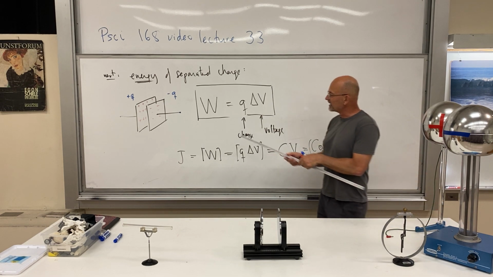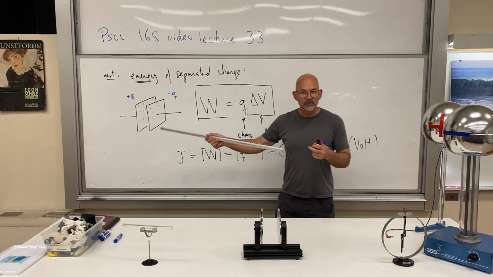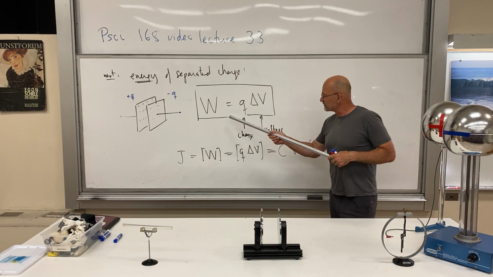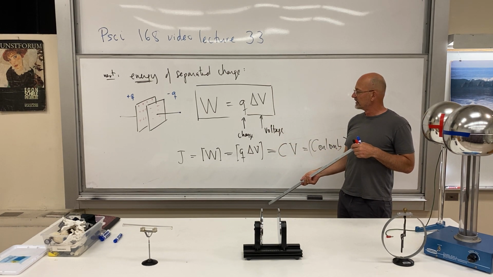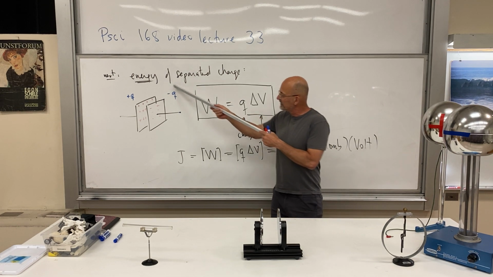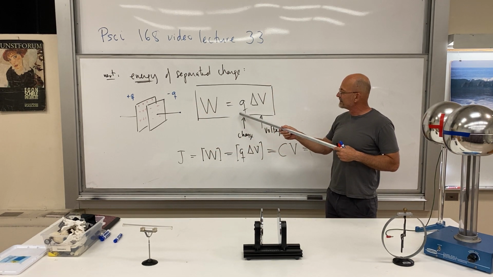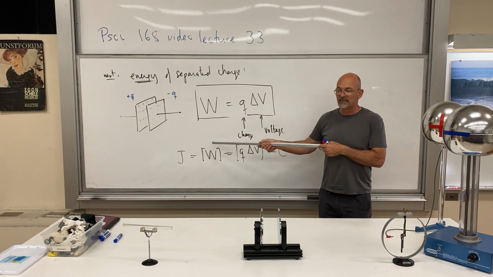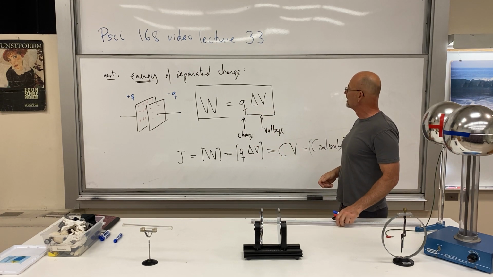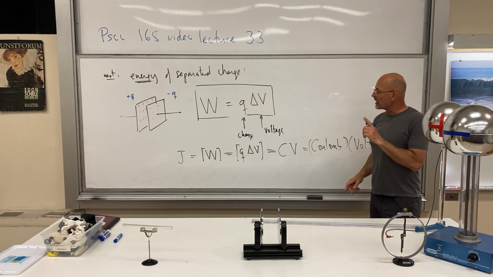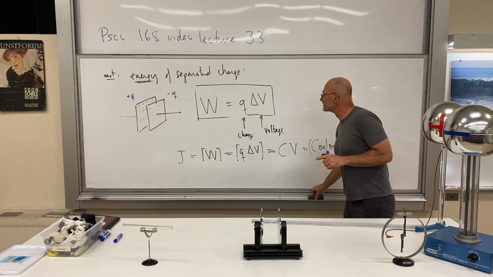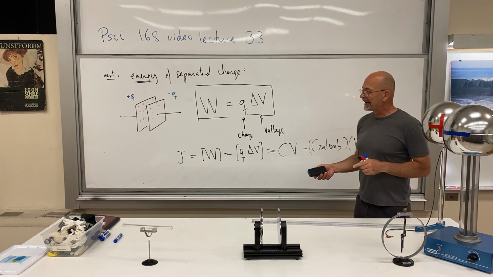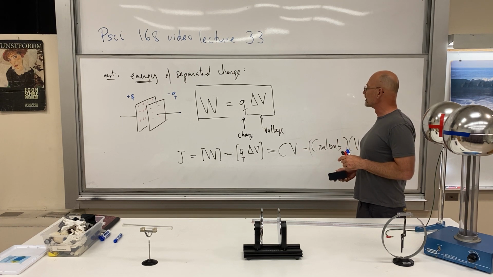Now, remember I said we connected this to a light bulb, and the light bulb glows, and it's radiating power away. So how do we get from energy to power? This is the energy that's stored in the separated charge. How do we get to power? You'll remember, power is energy or work per time, energy per time. So I'm going to erase this and now write down the power formula. What we're going to see is something interesting, because of course we've studied power formulas in the past, and this one's going to look very similar.